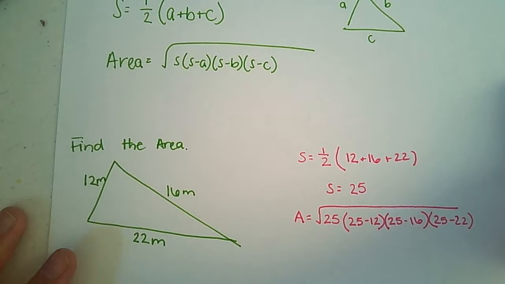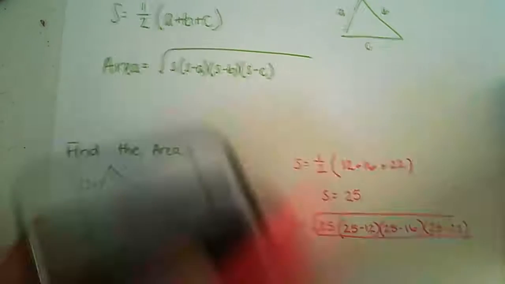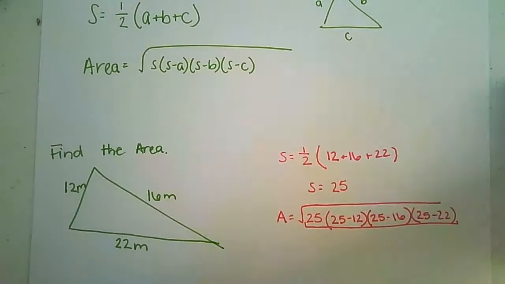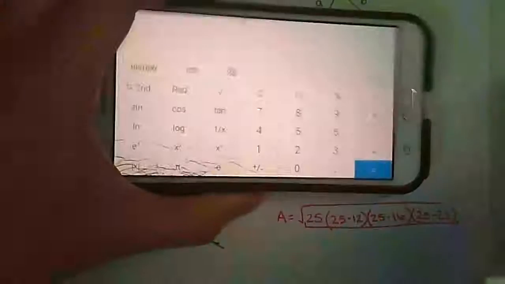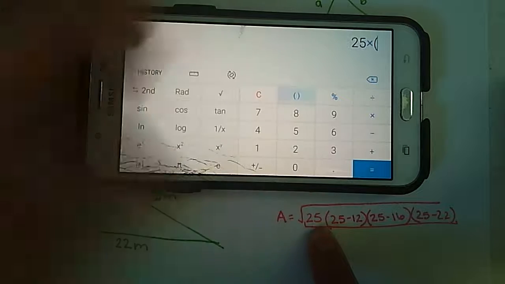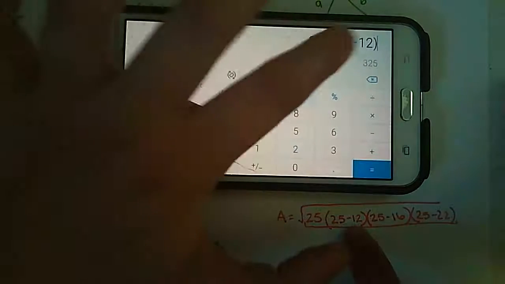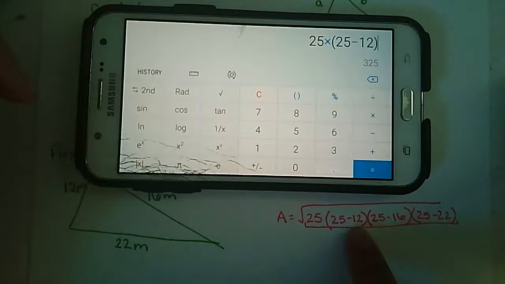Because I'm using a cell phone, I'm going to type in everything except the square root first. So I'm not going to type in the square root right now. I'm going to do 25 times 25 minus 12. And again, notice I'm using parentheses.